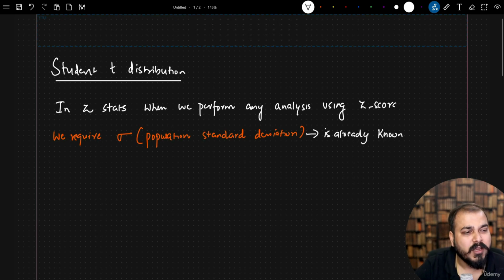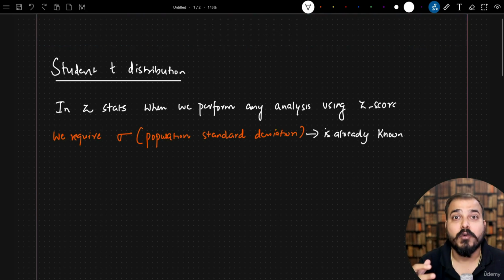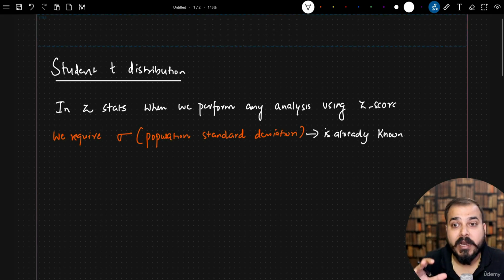But understand, in many problem statements, the population standard deviation is very difficult to calculate or even to assume, because we don't have the entire population data.